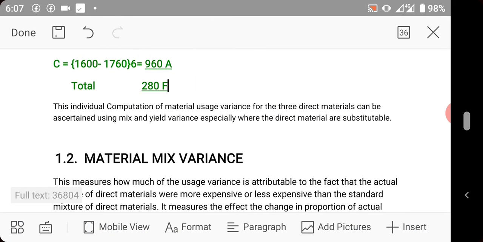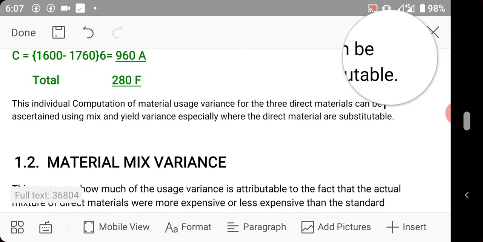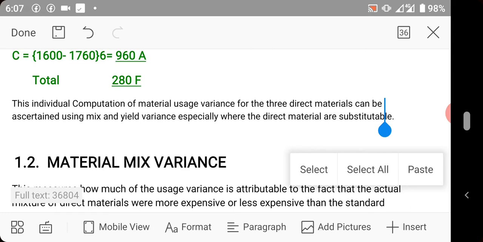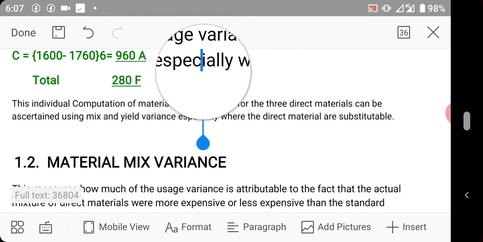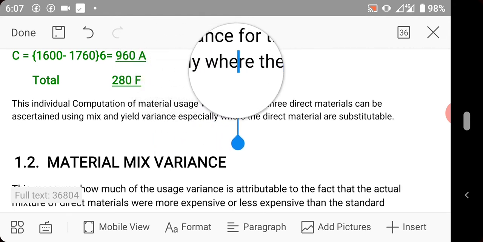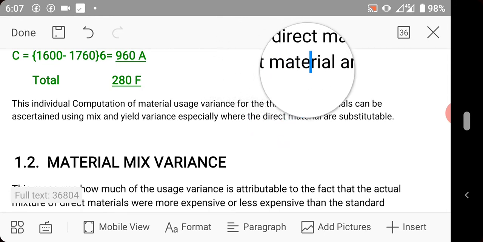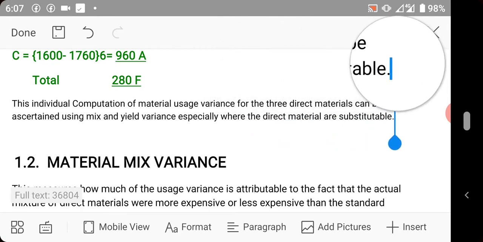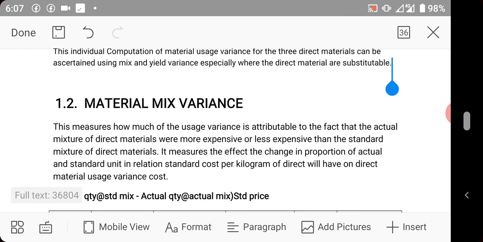This individual computation of material usage variance for the three direct materials can be ascertained using mix and yield variance, especially where the direct materials are substitutable. So we can now compute material mix variance using that same approach.